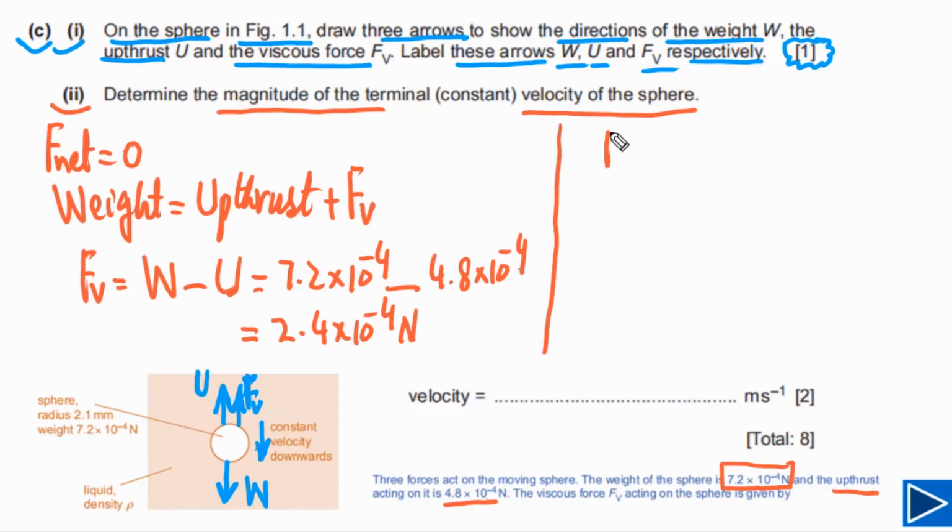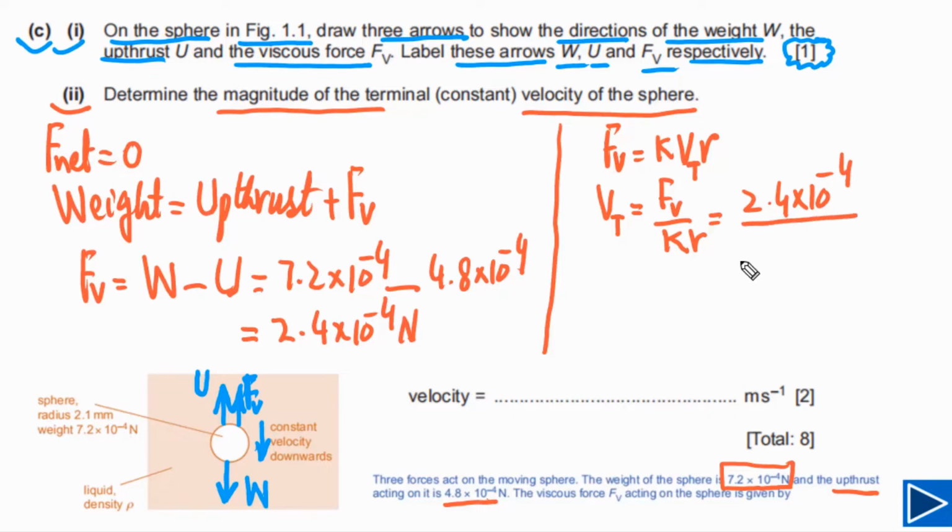In this question, it is also given to us that FV is equal to K times V times R, and V is the terminal velocity, Vt. This is what we need to find out. So simply we can rearrange. Vt in this case will be equal to FV divided by K times R. We have the value of FV, that is equal to 2.4 times 10 to negative 4, and the value of K for this question is also given, that is equal to 17.